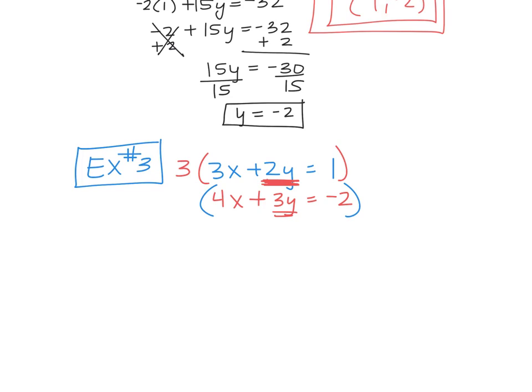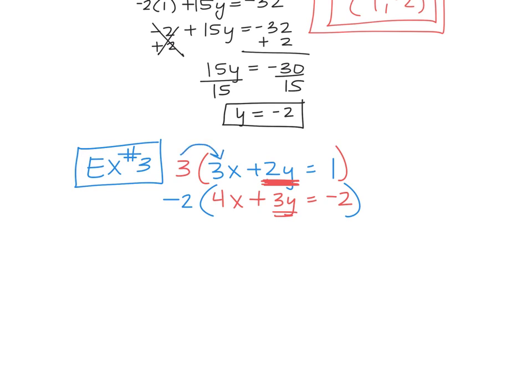They reduce to 0. Okay, so what would I have to multiply the 3y by to get a negative 6y? A negative 2. Okay, so I'm going to multiply this whole bottom equation by negative 2 and the whole top equation by 3. Okay, so we're just going to rewrite them.